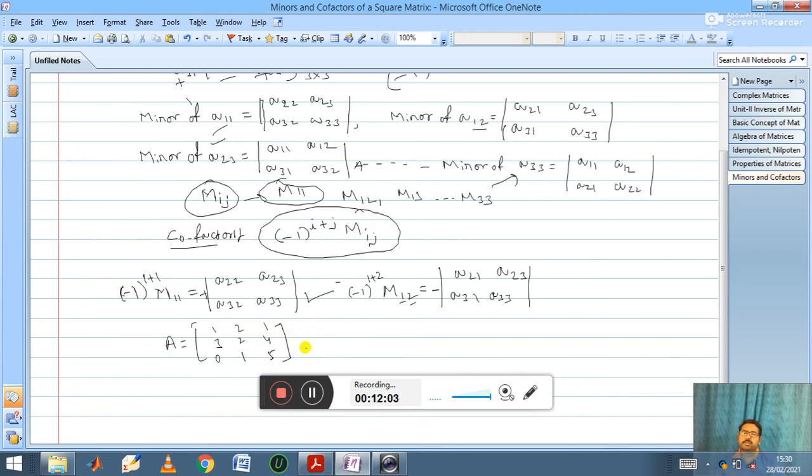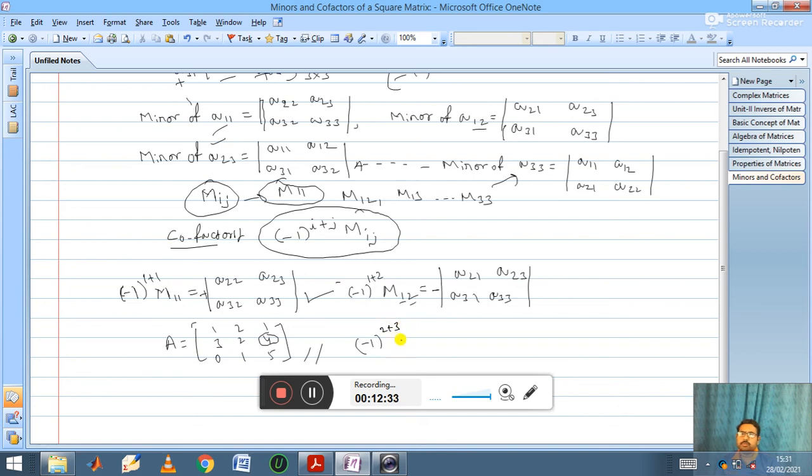For this matrix, let us write the cofactor of the element 4. The cofactor of element 4 is minus 1 power i plus j. 4 is present in the second row, third column, so 2 plus 3.